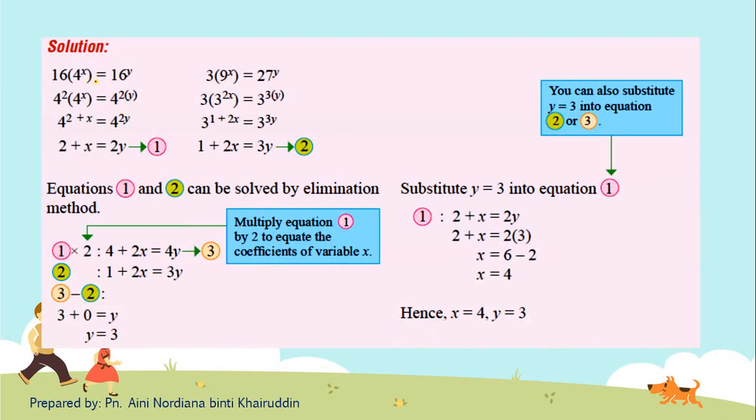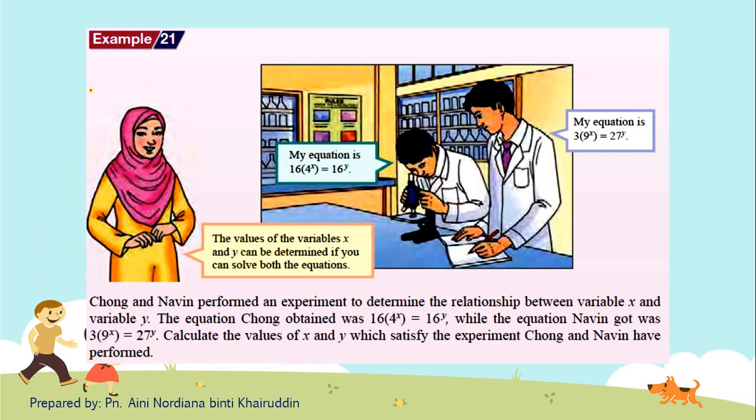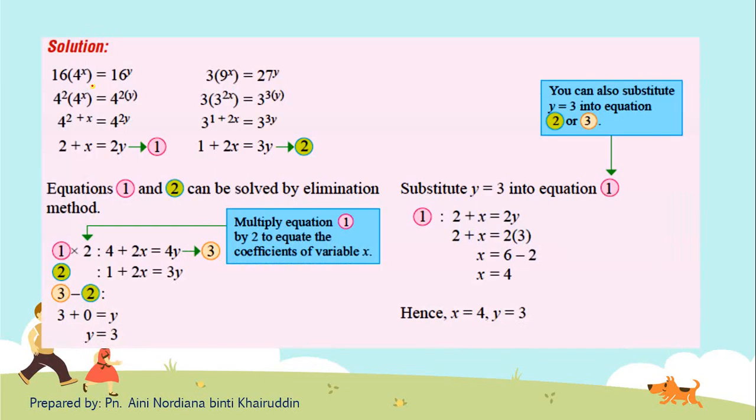So, this is the equation obtained by Chang and this is Navin's. So, 16 changed to 4 squared. 16 here is also 4 squared. And then 2 times, this is multiplication. So 2 plus x. Don't make a mistake here. This is not 2x. This is actually 2 plus x.